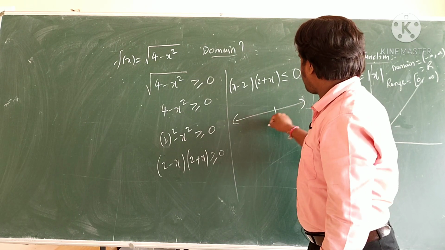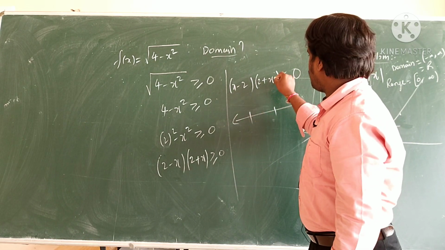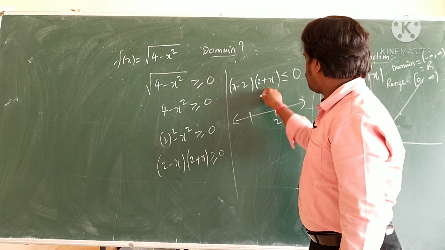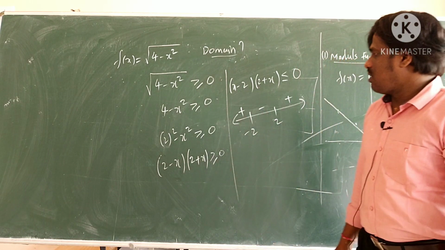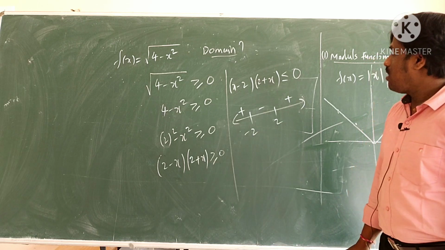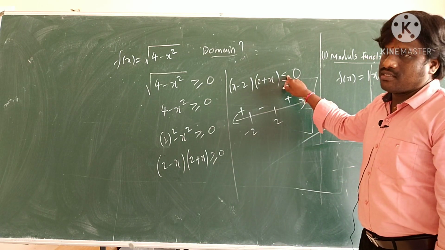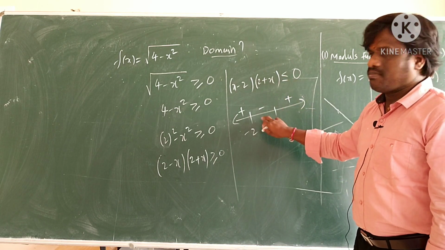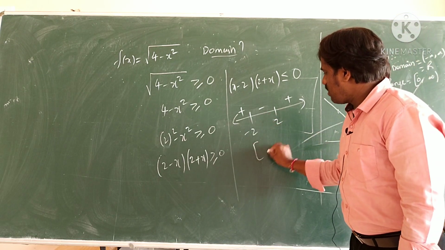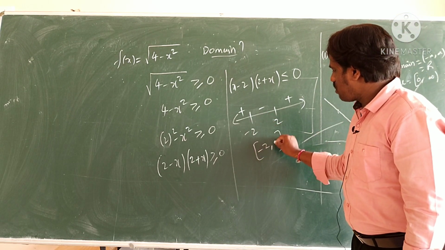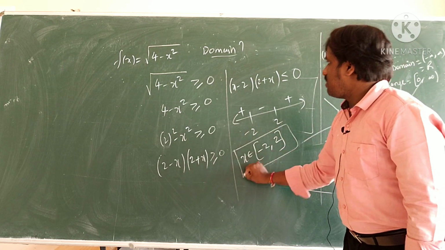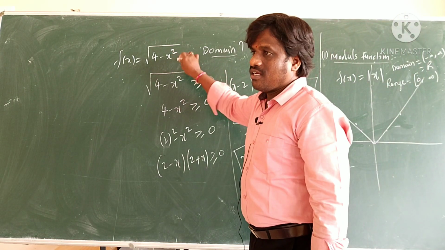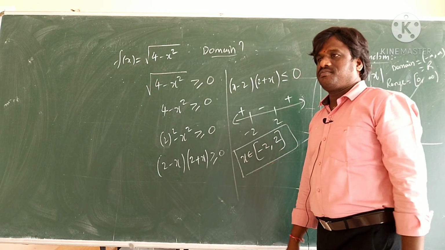Now we plot on the graph paper. This is 2, this is minus 2: plus, minus, plus. Since we need less than, this minus region is the answer. So the answer will be minus 2 comma plus 2. This indicates the domain. ये function के लिए domain यही होना चाहिए.